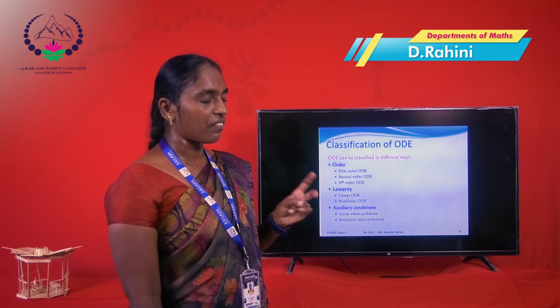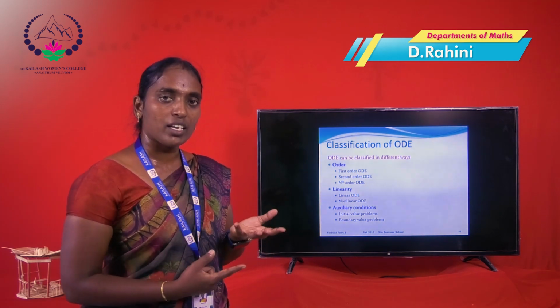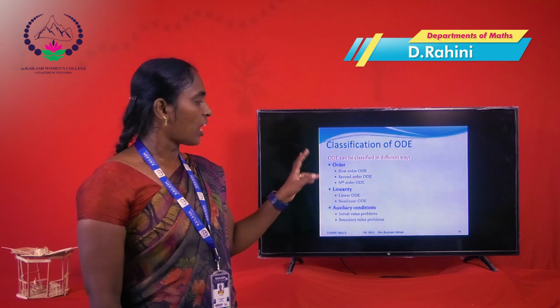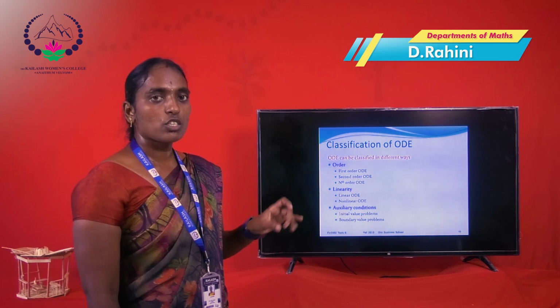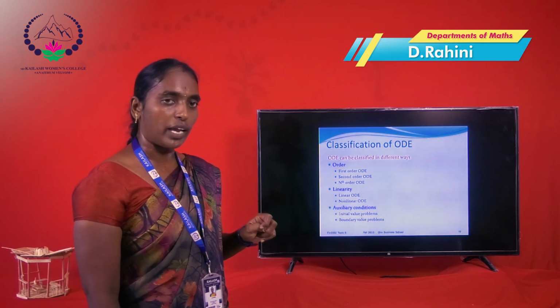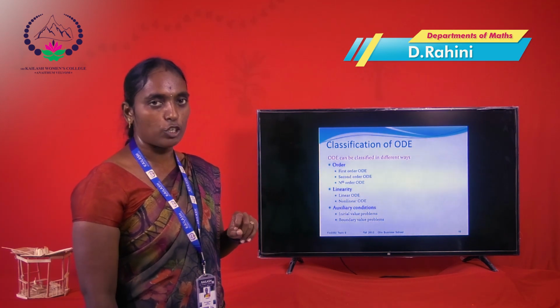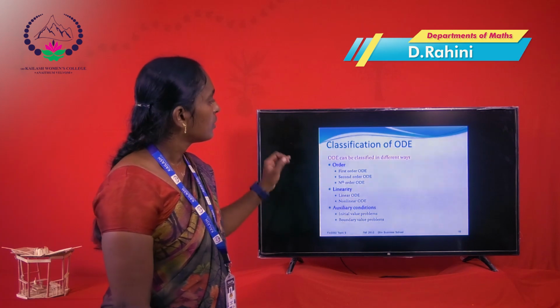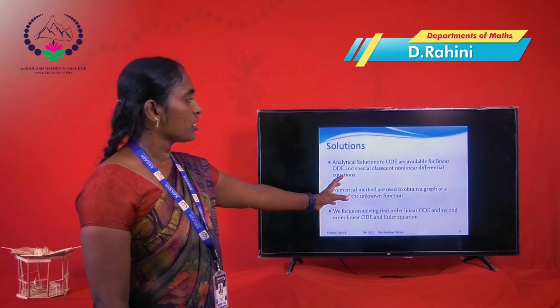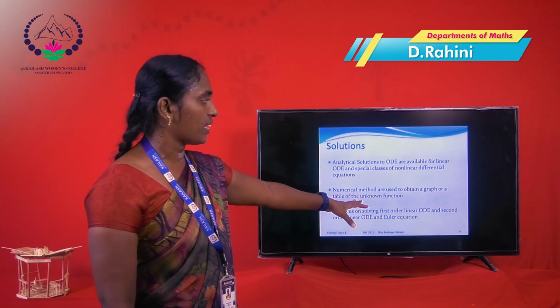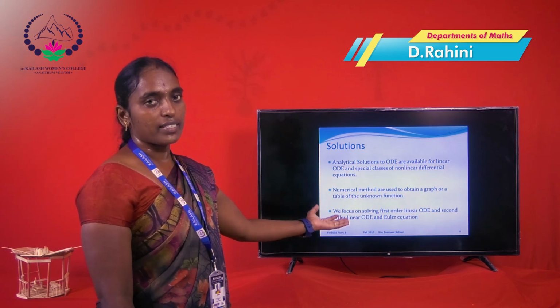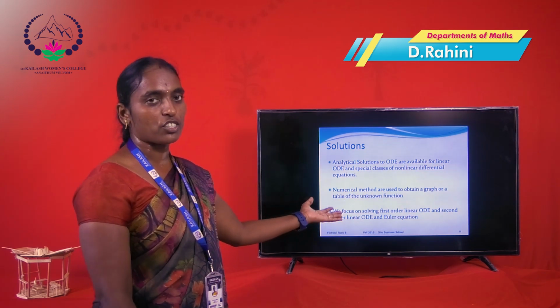In linearity we have two types: one is linear ODE and another one is non-linear ODE. Here also auxiliary conditions have two types: one is initial value problem and another one is boundary value problem. Next, solutions we already told. These are all the examples of ordinary differential equations.